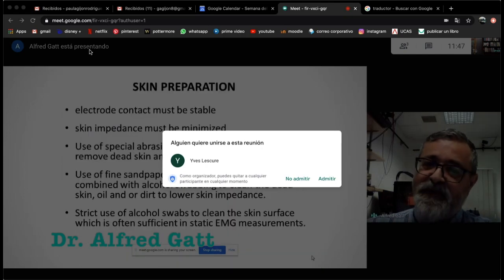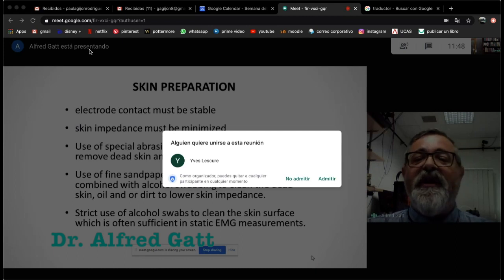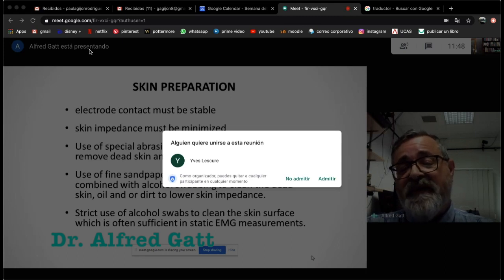We must be careful that the skin is prepared well before going to use our equipment. So the electrode contact must be stable, so it must not move around.